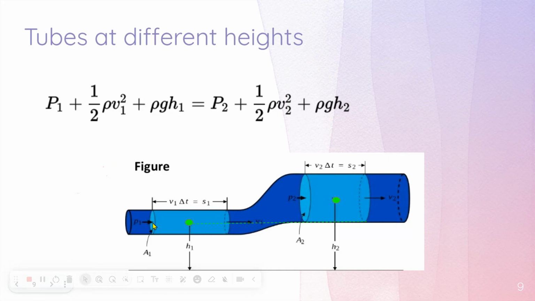You can actually just call the midline of this pipe 0. So we could get rid of that and just call this one how high above this midline. But you have some kind of gravitational potential difference. H1 is smaller than H2. Okay, and then you have P2, which is the pressure at this point, and its kinetic energy. It's law of conservation of energy again. It's just with water in pipes instead of balls falling from the sky.